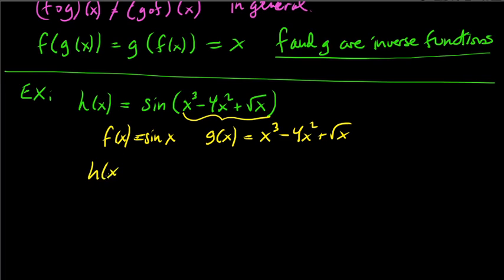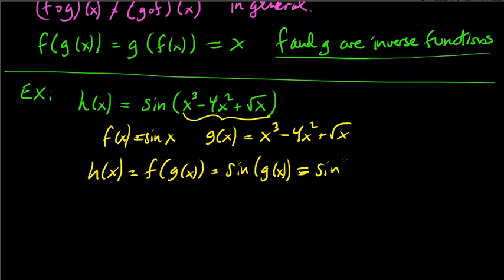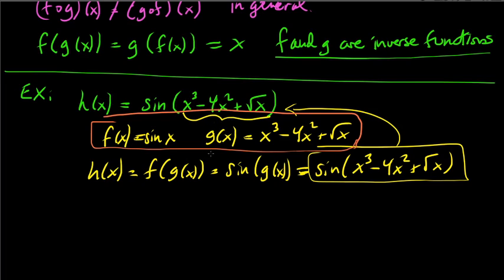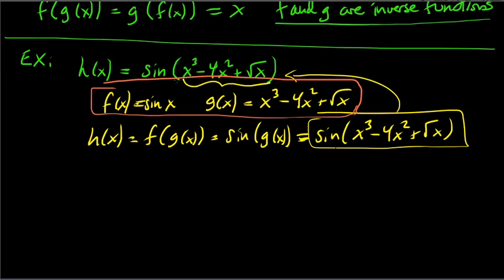So if we think of h as f of g of x, we get the sine of g of x, which is the sine of x cubed minus 4x squared plus the square root of x, which is what we started with. That's your h. So we decomposed h into two simpler functions. And this is something you're going to do over and over, in many cases without even thinking about it. So that's one example. And speaking of sine and cosine, obviously this is trigonometry.